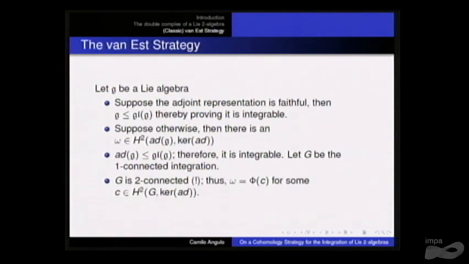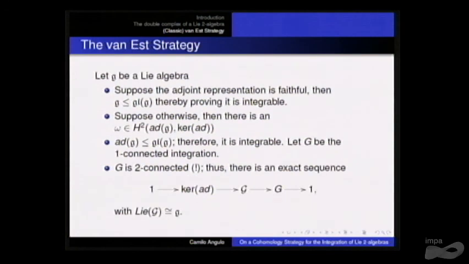And using this, and the fact that I took the simply connected integration and these things are Lie groups, then this form omega came from a form in the second cohomology of a group, and this represents an extension, and therefore we built an integration of the Lie algebra that I started with.